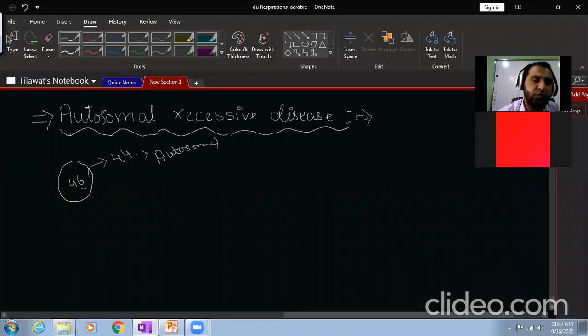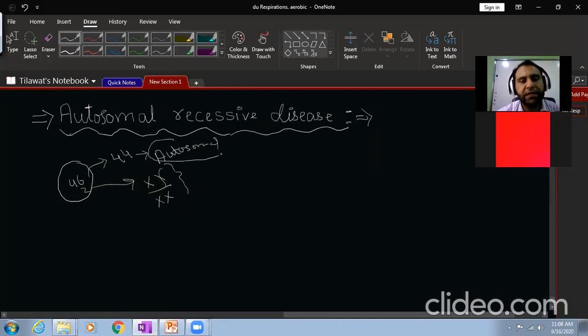The remaining two chromosomes represent our sex-related character, that is X and Y in male, and in female, X and X. Those genes that are present on the X and Y chromosomes are called X-linked genes, and if some disorder or disease happens because of mutation in that gene, that is called a sex-linked disease.